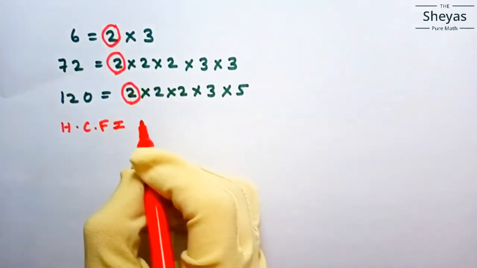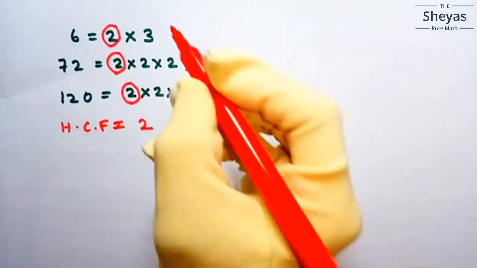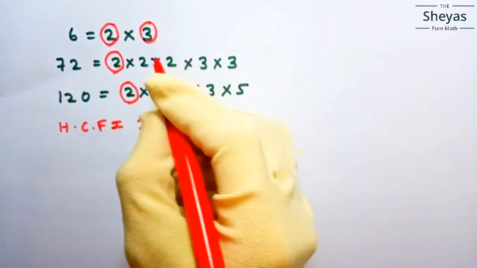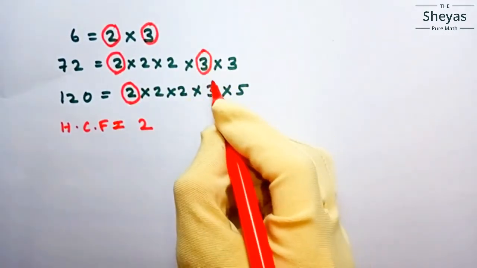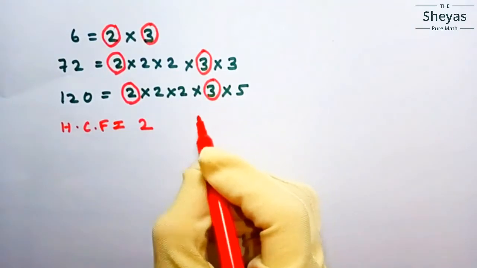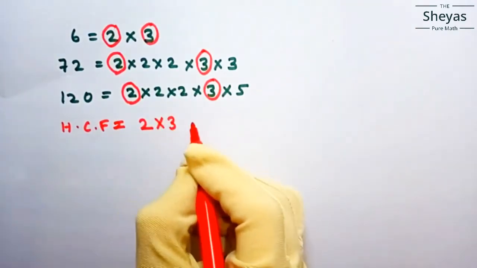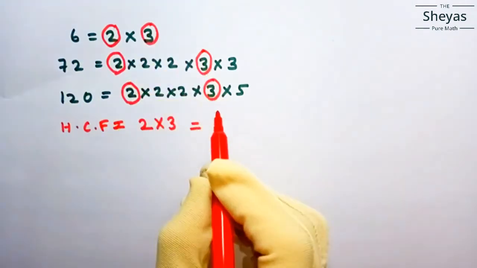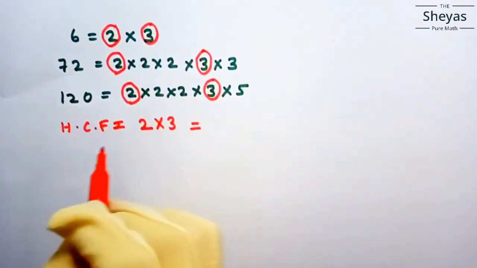2. Write down 2 here. Then next you are going to select 3 because you have 3 as a common factor in all the 3 numbers. So write down that 3 also. So 2 is a common factor and 3 is again a common factor in this.